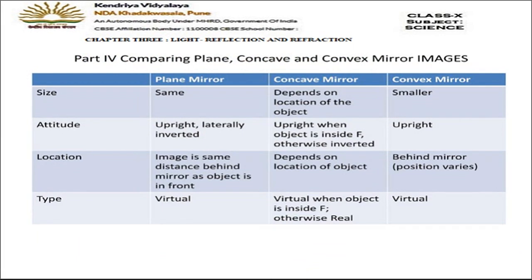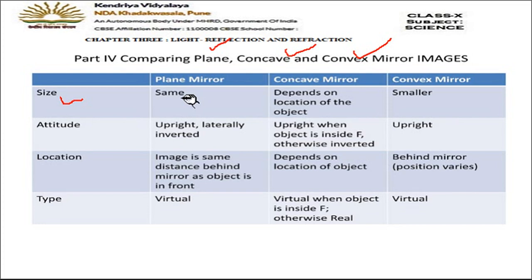At last we are now comparing the images which are formed by plane mirror, concave mirror and convex mirror. Let us see first the comparison between size. The image formed in the plane mirror is the same size as the object, meaning the height of the object and the height of the image are the same.